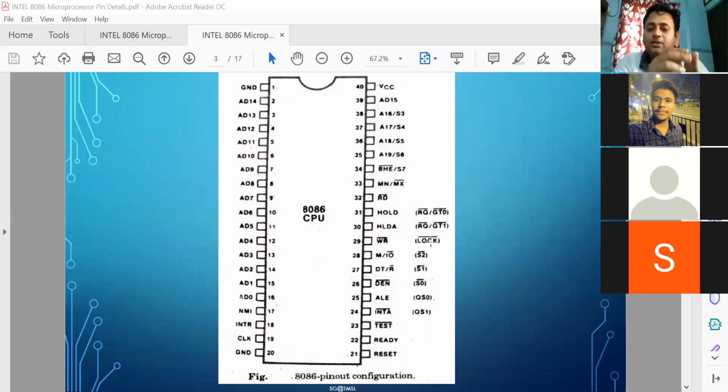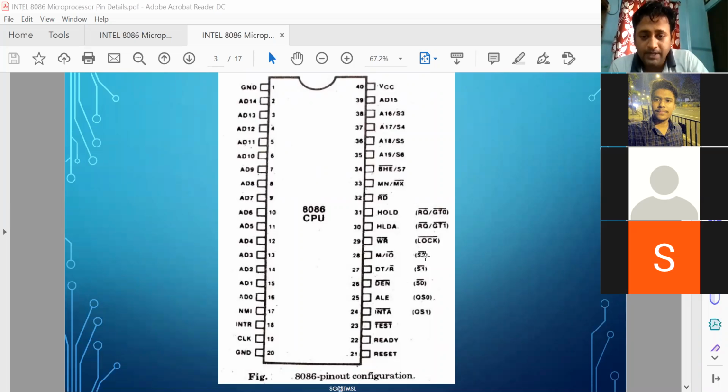That's why this LOCK bar pin is available, and this signal can be accessed through the lock instruction. You have to write the instruction so that it will function according to your requirement. Okay, so there is an instruction called the LOCK prefix instruction in 8086. Using this instruction, you lock the other bus masters so they do not gain control over the system buses.